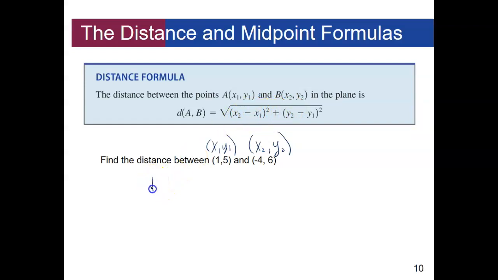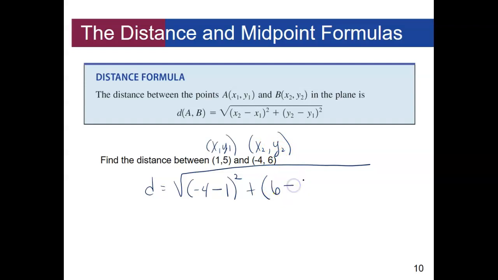But my distance here, when I go to calculate this, you've got x2. So my x2 is going to be this negative 4. And we're going to subtract from that x1, and then square it. And then we're going to have y2, which is 6.